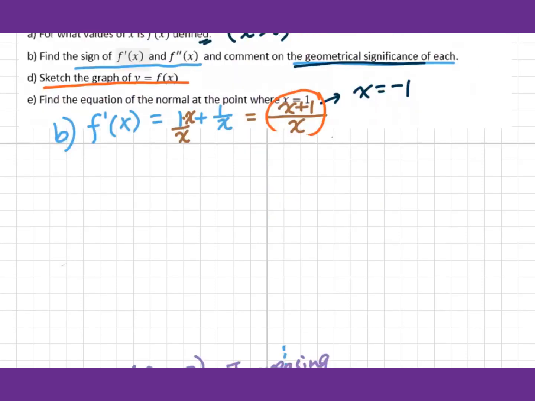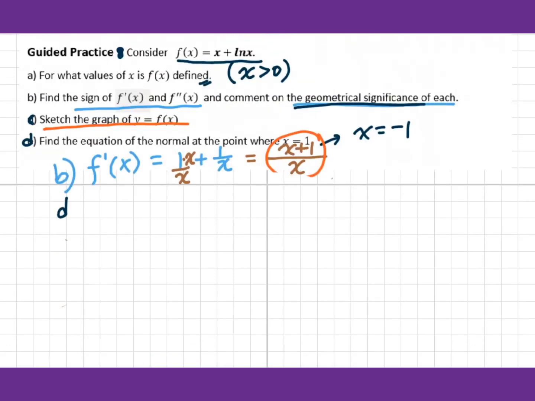Now let's go to the next part. Find the equation of the normal at the point where x equals 1. First of all, we plug into the original function to figure out the coordinate (x1, y1). 1 plus natural log of 1 equals 1. So we have (1, 1). That's our (x1, y1).